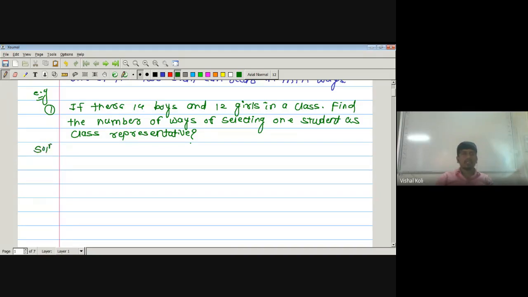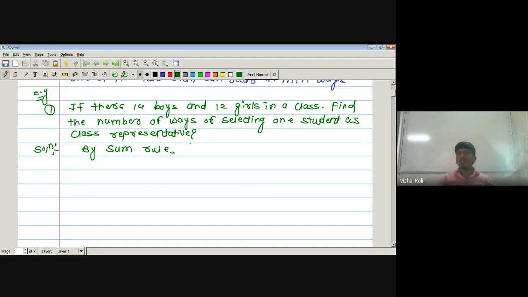Its solution by sum rule: sum rule states that if first event can occur in m ways and second event can occur in n ways, and these two events cannot occur simultaneously, then one of the two events can occur in m plus n ways. As here there are 14 boys and 12 girls, at a time we can't take one boy and one girl as a class representative. So here we have to choose either a boy or a girl.